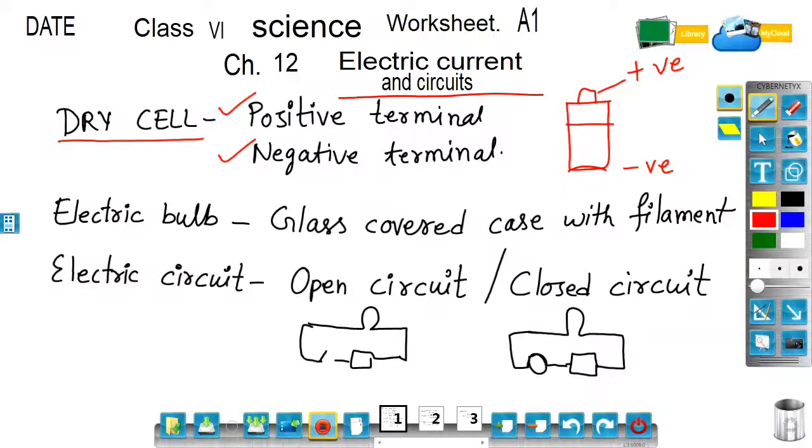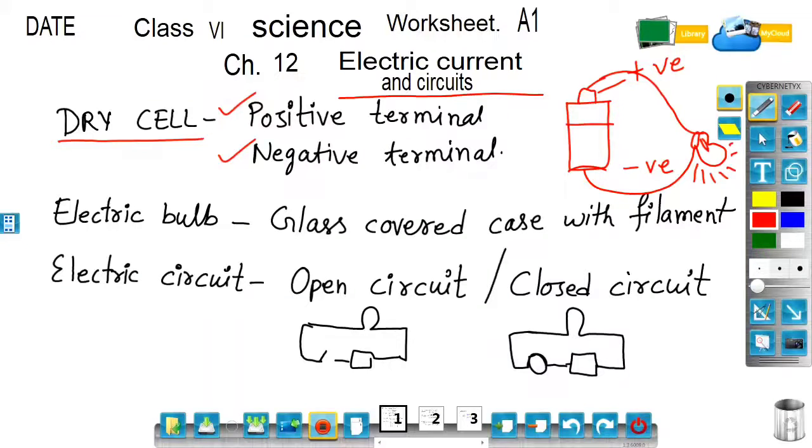That is also called a circuit. If we consider a wire connecting the positive and negative terminals and connected with a bulb, it will glow. So that is about the dry cell.